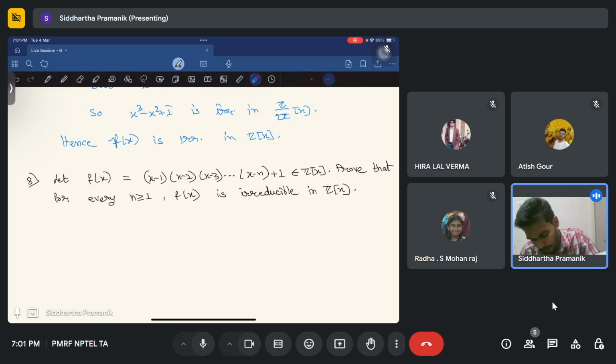This polynomial has a very particular form: (x minus 1)(x minus 2)(x minus 3) and so on up to (x minus n), plus 1. So you need to prove that this is an irreducible polynomial. Think about it for a few minutes.